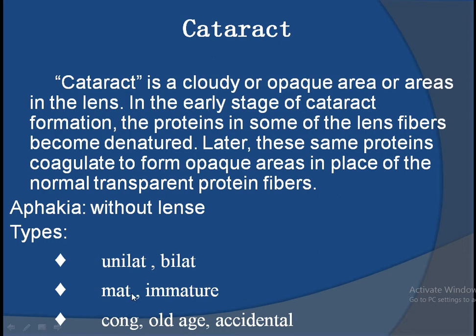Otherwise, we will wait until it becomes totally mature, the lens becomes opaque, and the vision decreases to just where light rays can pass, otherwise no image is formed, so that one needs surgical treatment. Now we will discuss unilateral, immature and congenital.